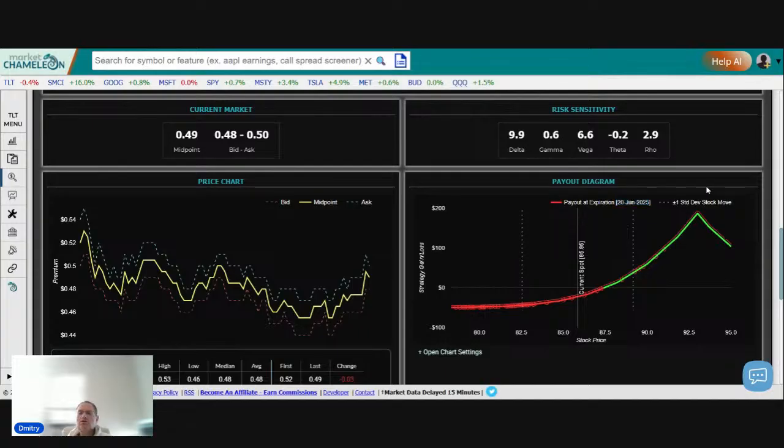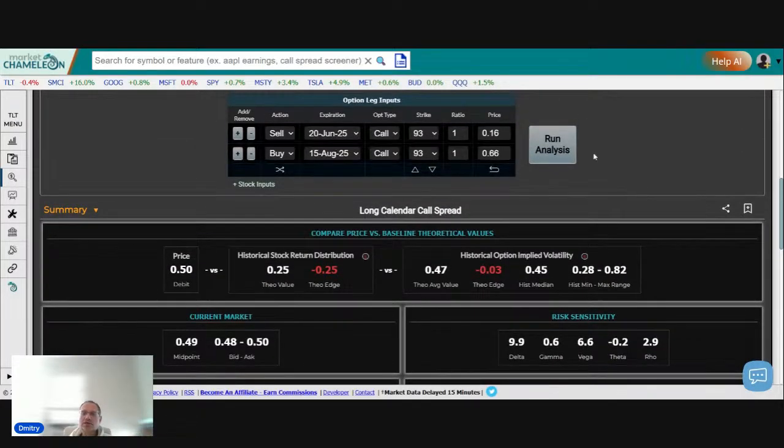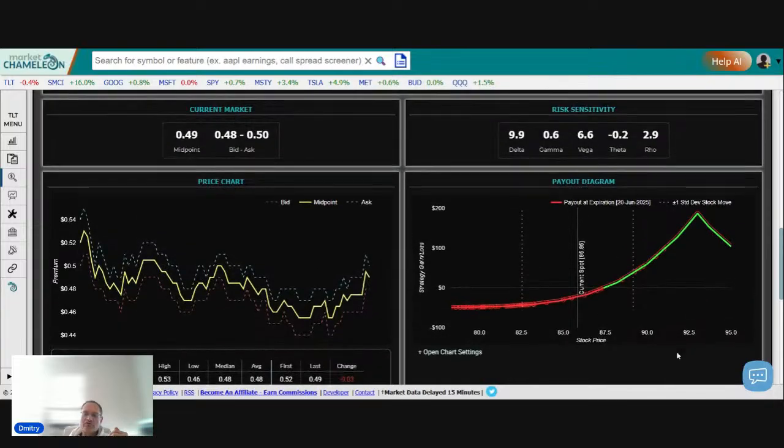And it's looking at June 20th because we have two expirations. We have June 20th, and then we have this August 15th. However, when we come to the June 20th expiration, this strategy, as a call spread, will cease to exist as a call spread.